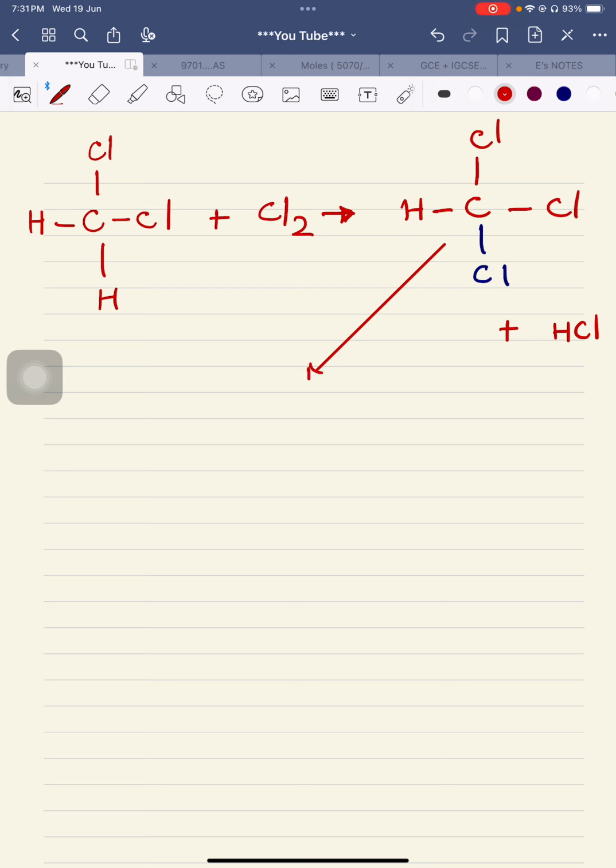Many of the students, I'm sure, are getting the name right now. It is 1,1,1. Why 1,1,1? Because at position number one, three chlorines are there. Trichloromethane.